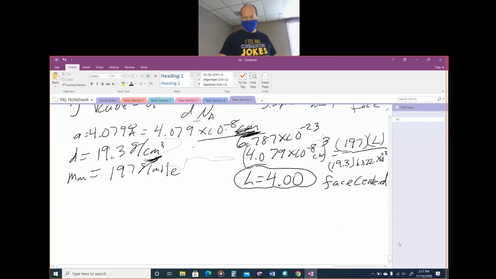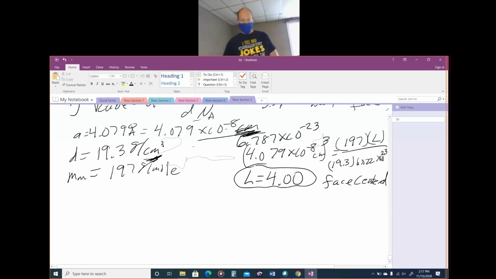All right. Then you have to look on your chart, and you're going to have the radius related to a. So for your simple, 2r is equal to a.